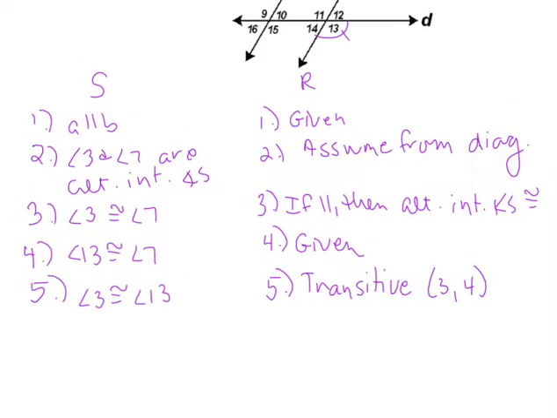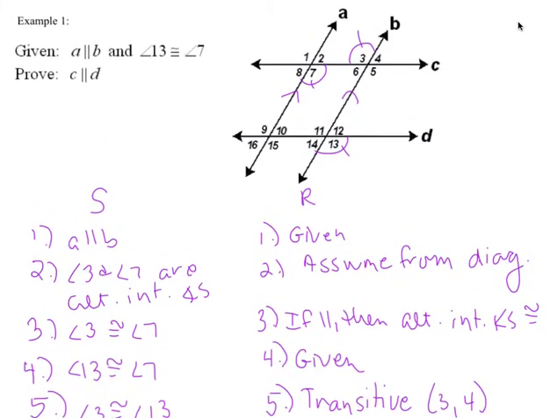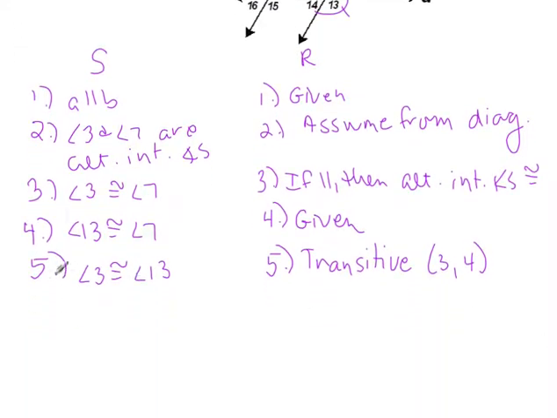Now, if you remember from our earlier conversation, the next thing I have to say is that angle 3 and angle 13 are alternate exterior angles. So I'm going to make that statement.